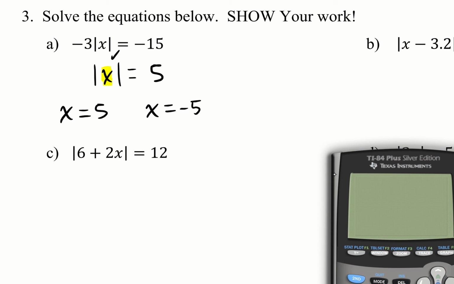If negative 5 was substituted into that equation, I would get the absolute value of negative 5, which is indeed equal to 5. So you can see both of those work. That is a nice, simple illustration of how we deal with these absolute value equations. We have to break it up into two separate equations to consider what's going on.